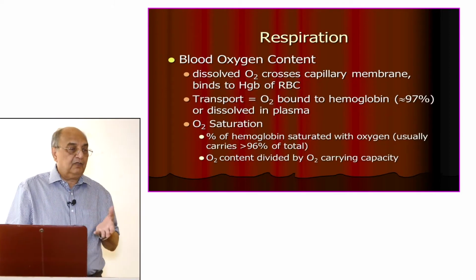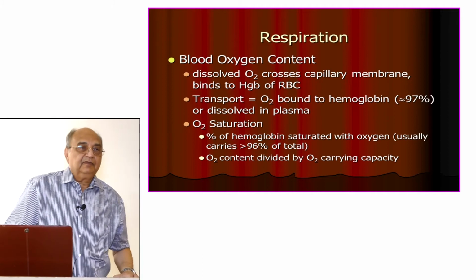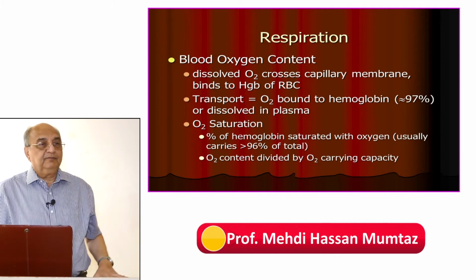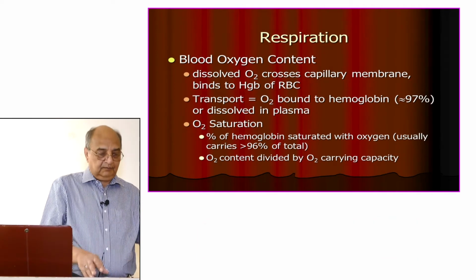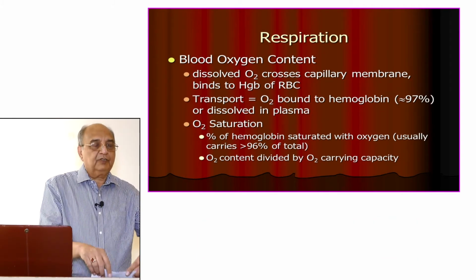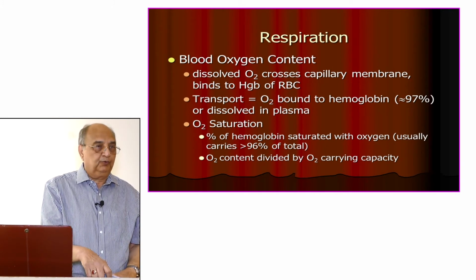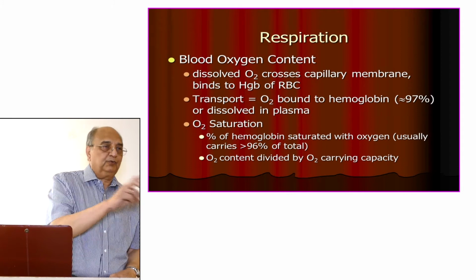Now, once the oxygen goes into the blood, it is carried by hemoglobin mainly. When this oxygen goes into the blood, it exerts its pressure, which is called PaO2, small a-O2.